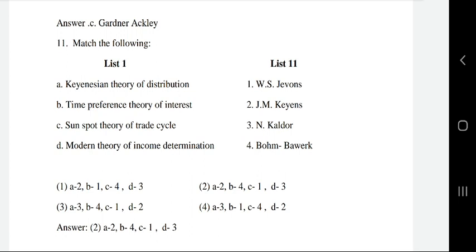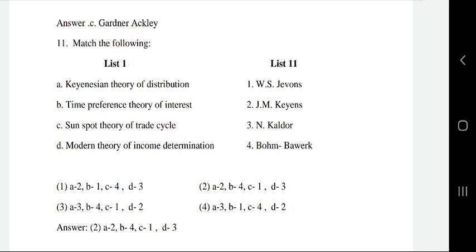Here, the Keynesian theory of distribution tells that in the short period the level of national income and so of employment is determined by aggregate demand and aggregate supply in the country. This theory was developed by Keynes. So option A matches with 2, J.M. Keynes.